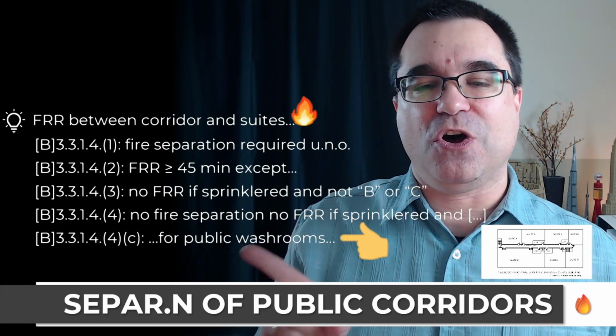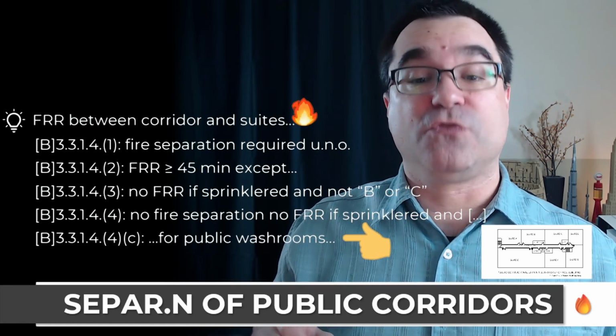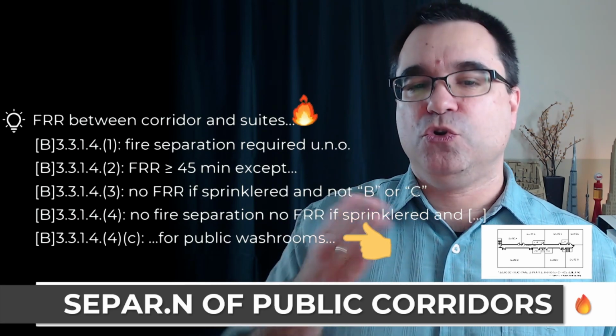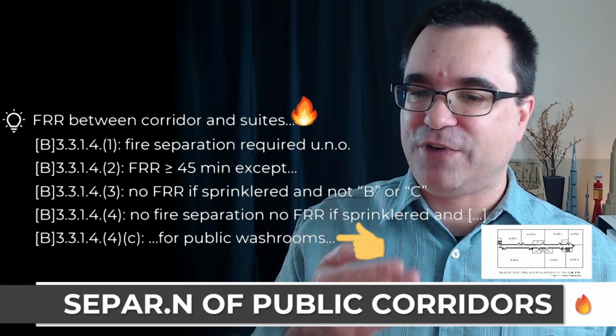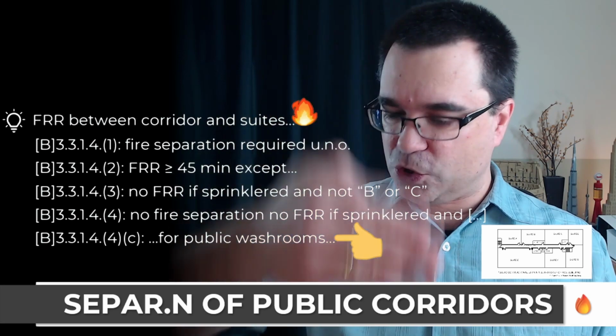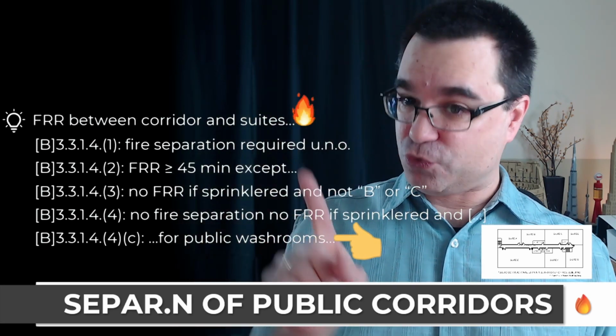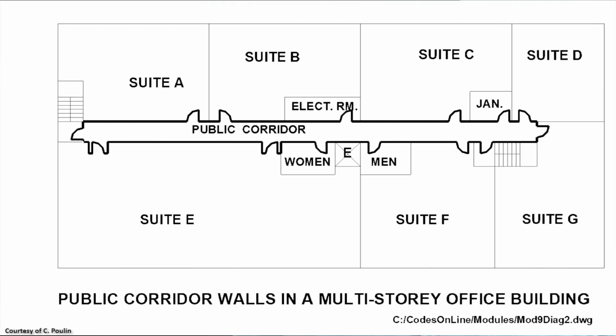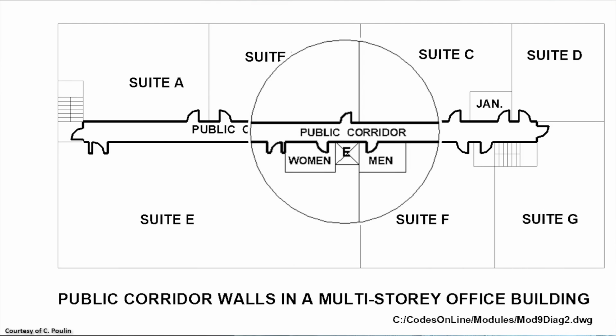One such clause is C for public washrooms, and what it basically says is that you don't need a fire separation and a fire resistance rating between the corridor and a public washroom as long as, let me show you, we're back to our general layout. So you see the women's and men's washroom here. Right now there is that thick line right here between the women's and men's washrooms and the public corridor.